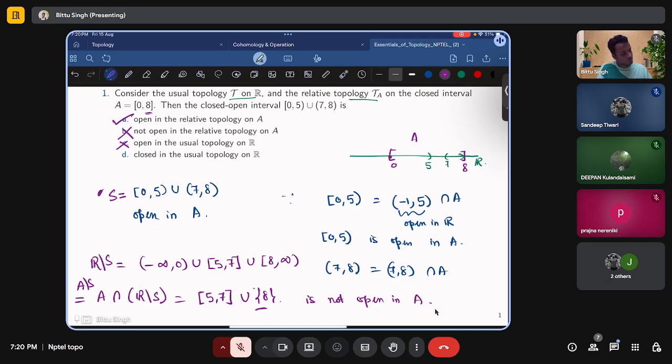Whatever neighborhood you choose of 8, it will look like 8 minus some epsilon 1, 8 plus some epsilon 2, this kind of open interval, which cannot be entirely contained in this set.